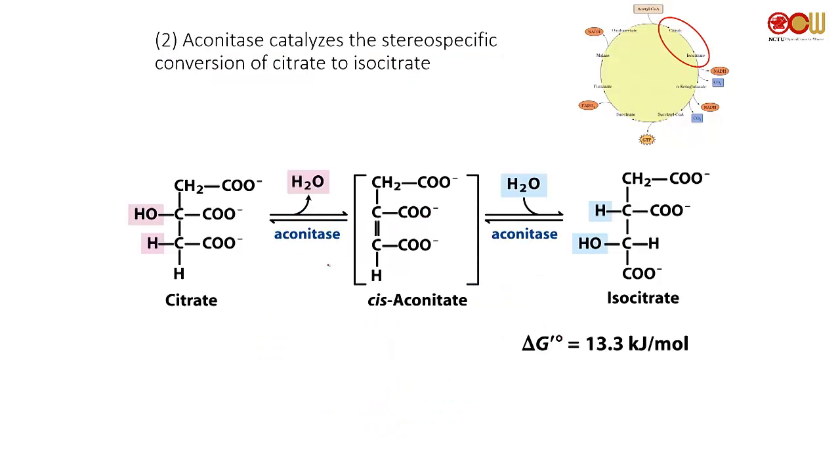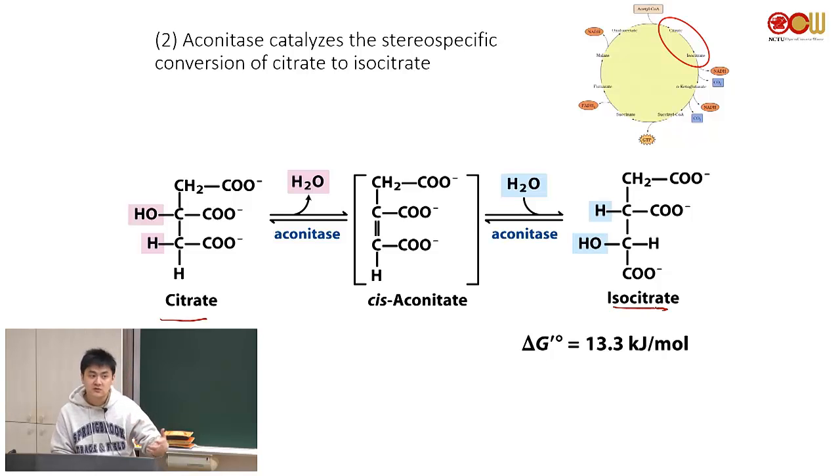So the energy change is very large. The second reaction is aconitase here. Aconitase is a very weird enzyme. You turn citrate into isocitrate. If you only look at the substrate and the product, it looks like an isomerase, but it turns out it's not. It's actually removing water and putting water back. It does its reaction in two steps.